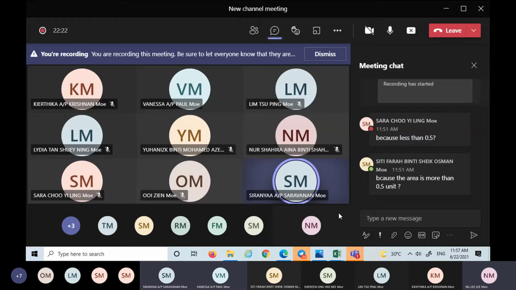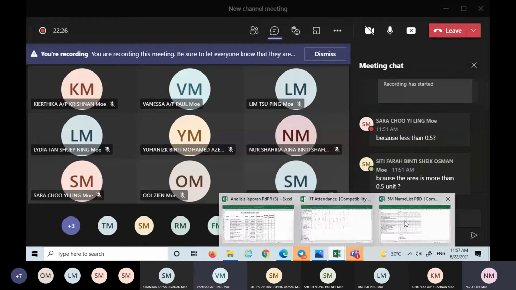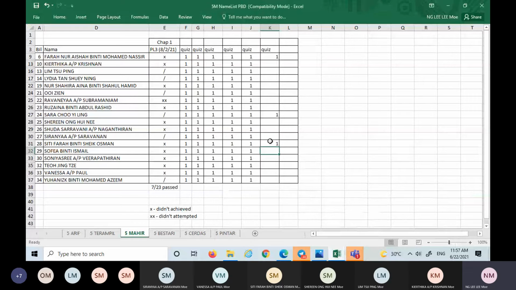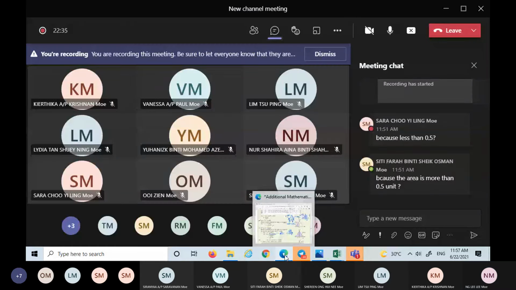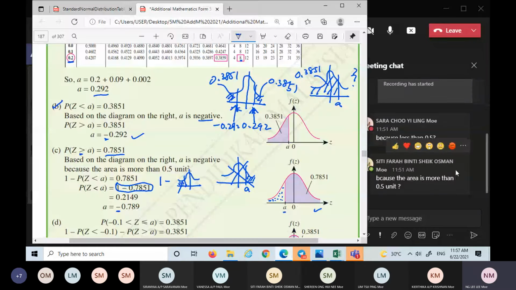Not Kritika, okay, Vanessa. Thank you, Vanessa. Okay, 1 minus, correct. So you take 1 minus this big area, and you get the dot dot dot area. So this is the area that you get.